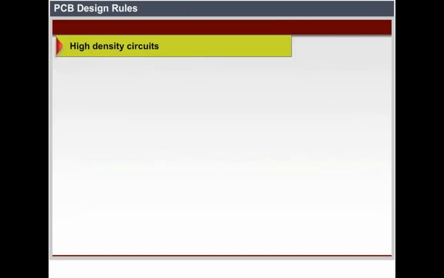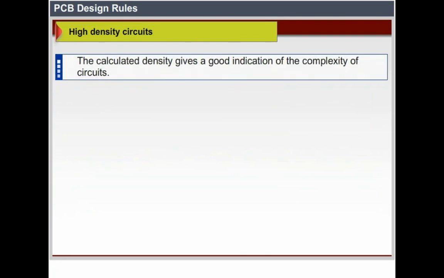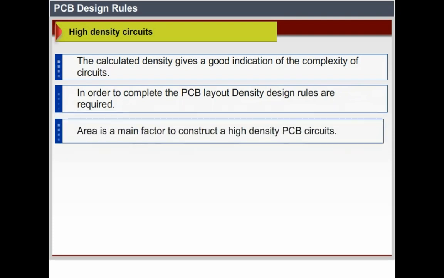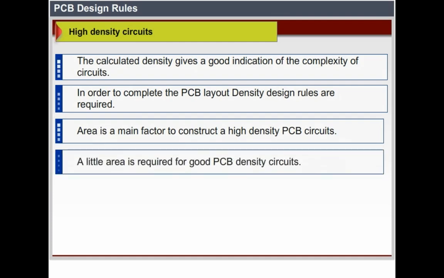High-density circuits. The calculated density gives a good indication of the complexity of the circuits. Density design rules are required to complete the PCB layout successfully. Area is the main factor to construct a high-density PCB circuit. Less area is required for good PCB density circuits.